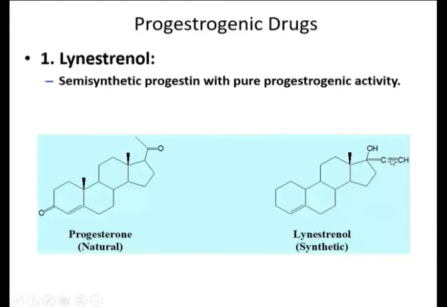Now this triple bond is added here, at this position, C17. Ethinyl group is added here. Then it becomes lynestrenol, okay? Now this is done by pharmacists, they develop like that.